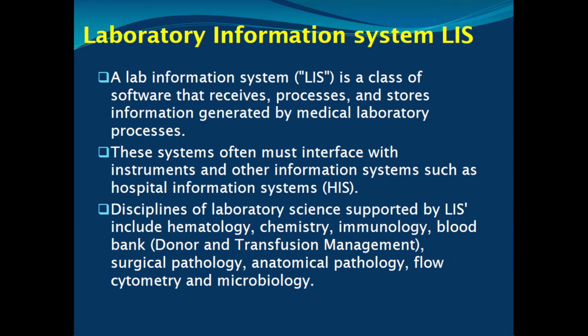These systems often must interface with instruments and other information systems such as hospital information systems. Disciplines of laboratory science supported by LIS include hematology, chemistry, immunology, blood bank, donor and transfusion management, surgical pathology, anatomical pathology, flow cytometry, and microbiology.